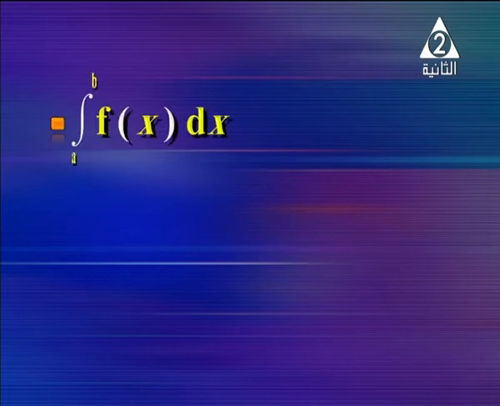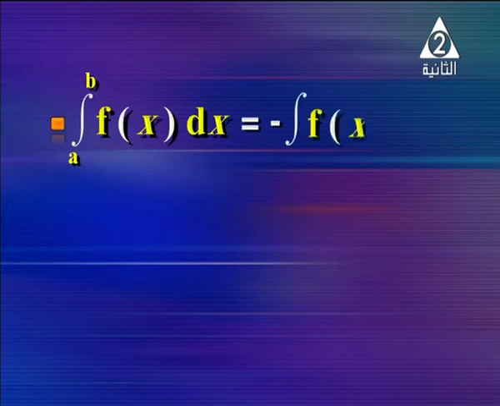Number 1: the integration from a to b of f of x with respect to dx equals negative the integration from b to a of f of x dx. Remember, dear student, the integration from a to b of f of x dx equals negative the integration from b to a of f of x dx.